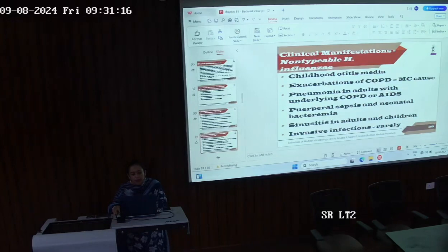Then the non-typable H. influenzae strains cause childhood otitis media, exacerbation of COPD, pneumonia in adults with underlying COPD, puerperal sepsis and neonatal bacteremia, sinusitis in adults and children, invasive infections.